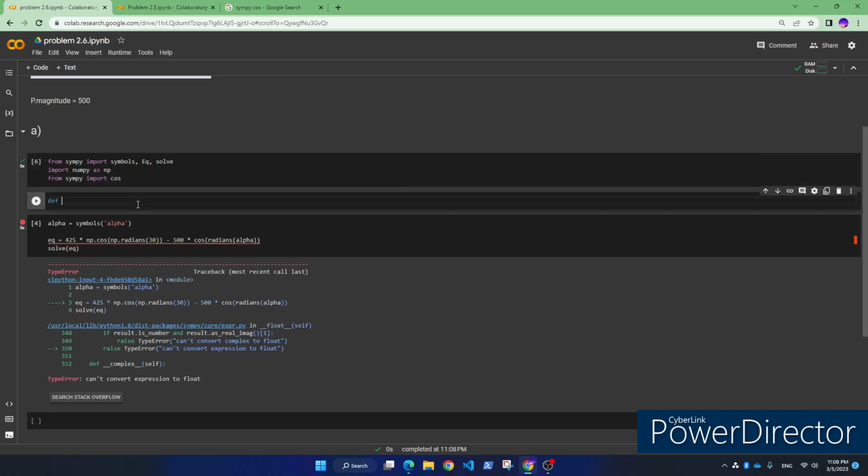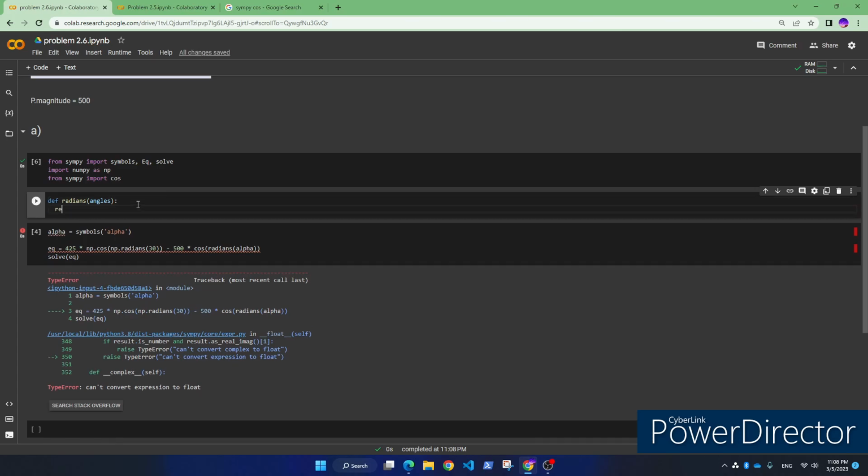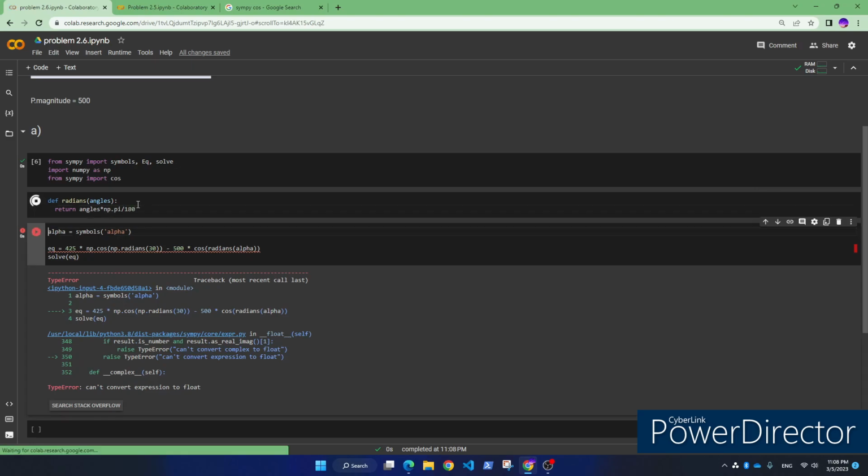So def radians, return the angle times pi over 180.